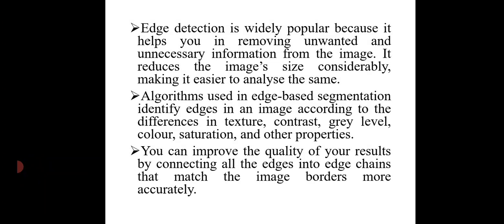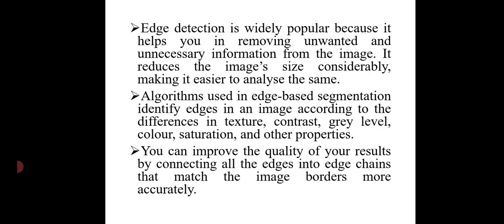There are various ways to approximate these differences, but here we require that any approximation used for a first derivative must be 0 in areas of constant intensity. The next one is it must be non-zero at the onset of an intensity step or ramp, and the third one is it must be non-zero at points along an intensity ramp. This is the approximation used for the first order derivative.